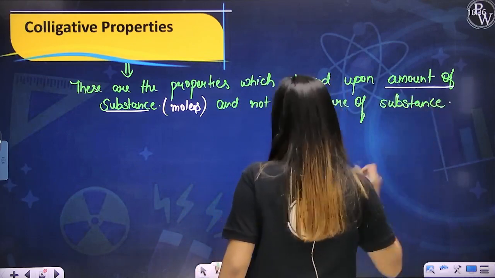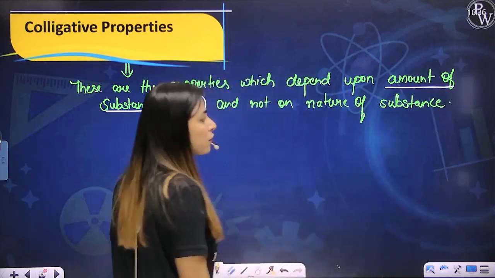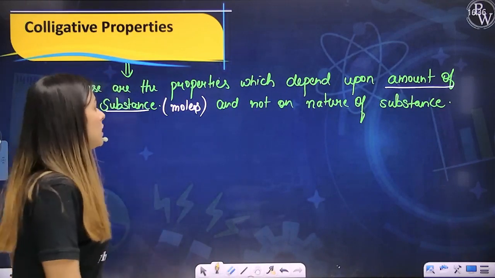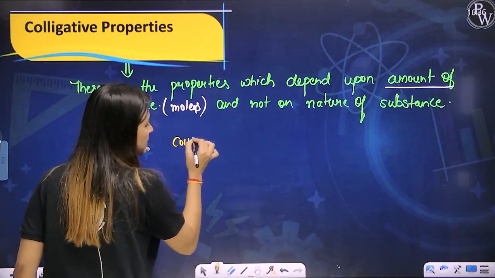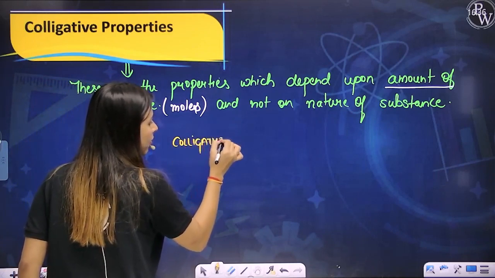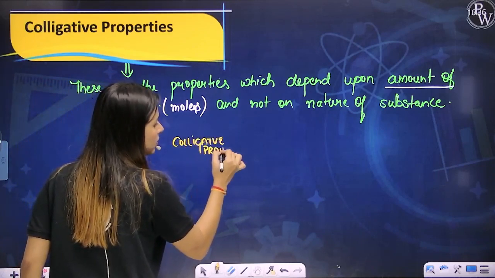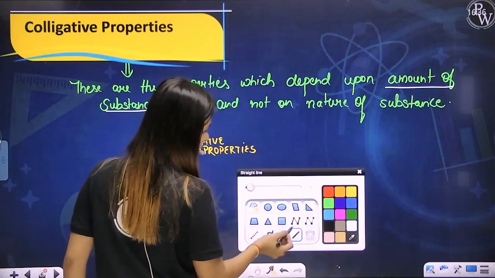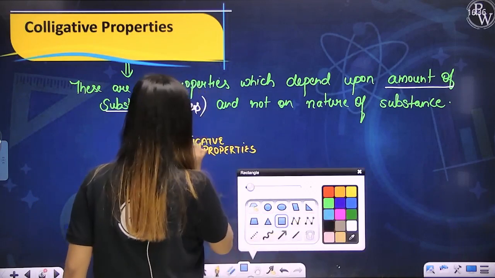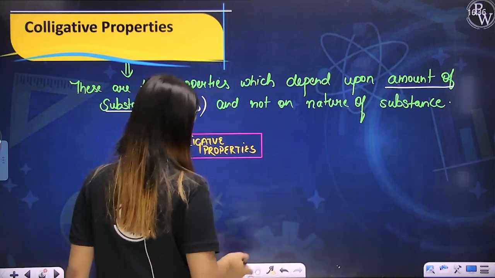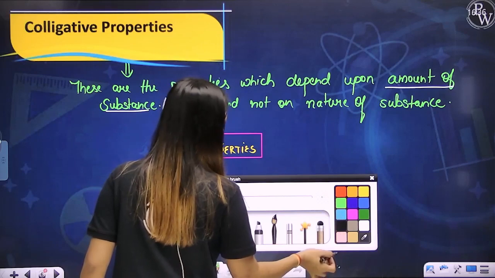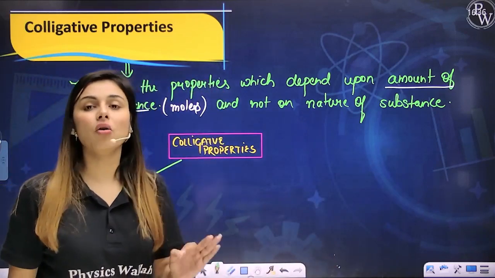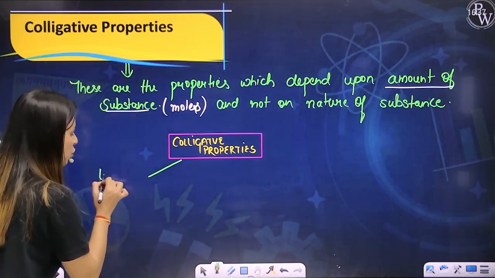Now we need to understand the different types of colligative properties we will be discussing in this particular chapter. The first and the most important is lowering of vapor pressure.